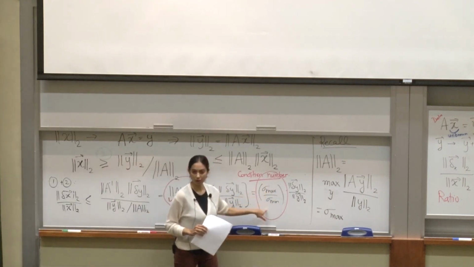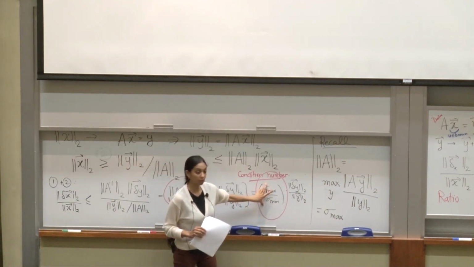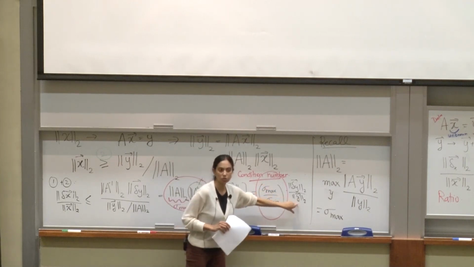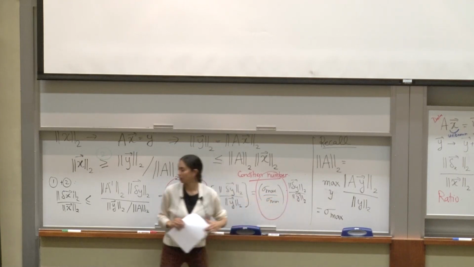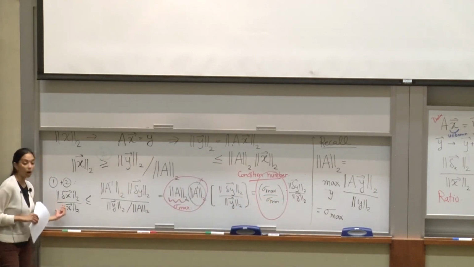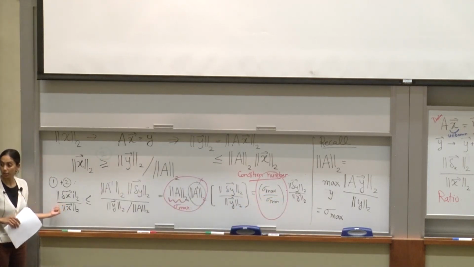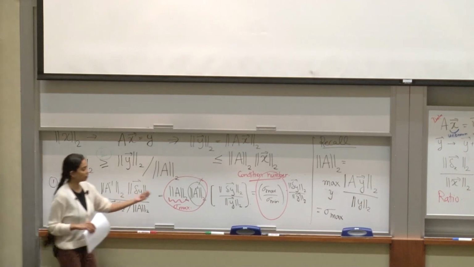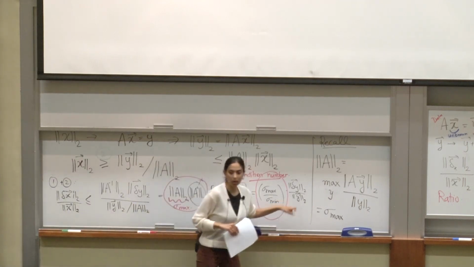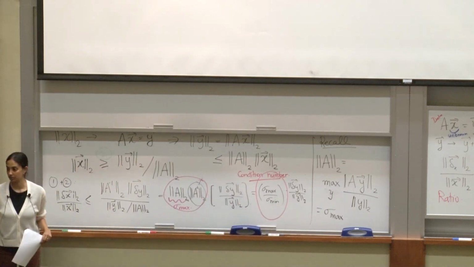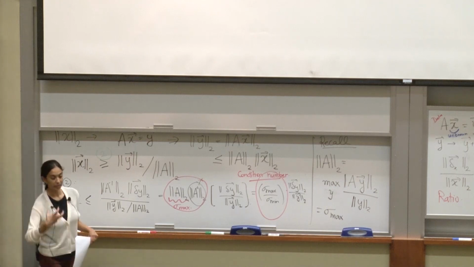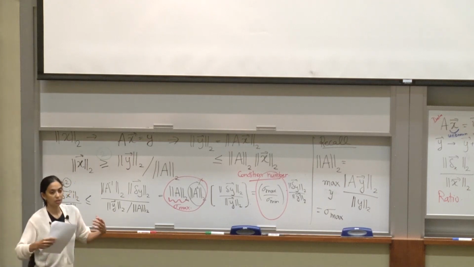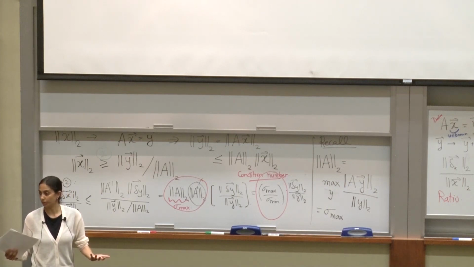If the condition number is very large, even a small change in your measurement is going to cause a large change in the unknown variable, in the quantity that you're trying to estimate, right? But if your condition number is small, small errors will only have small effects. So the condition number of a matrix captures basically fundamental properties of your measurement, right?